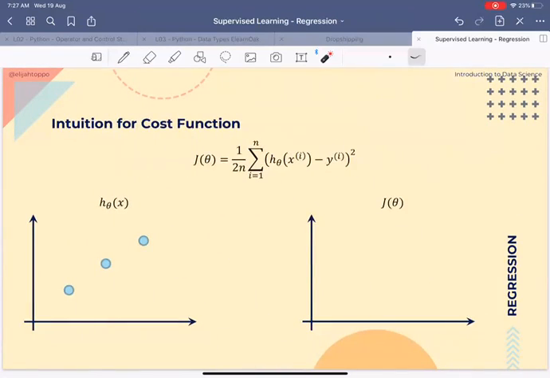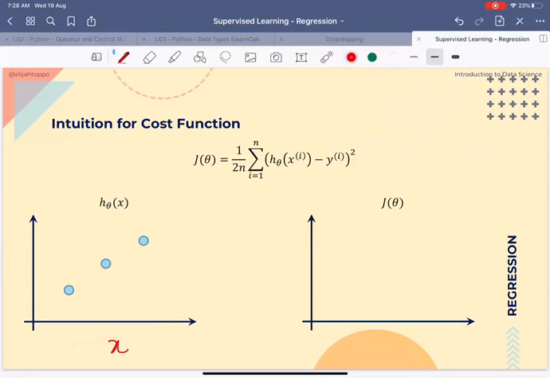So let us further go and try to get some intuition for how h theta of x and J theta are related to each other. Let's say that these are our data points. We have a feature x, we have a value y. Maybe I can note it down.